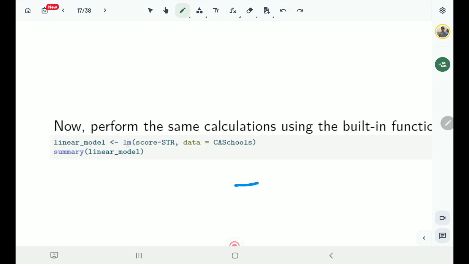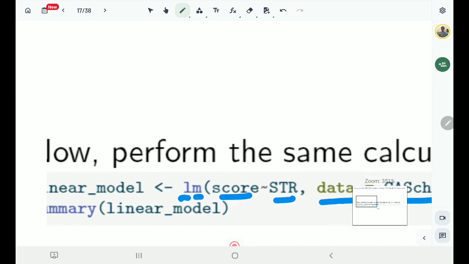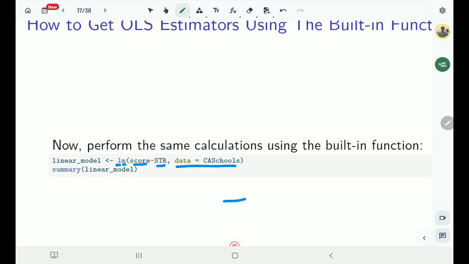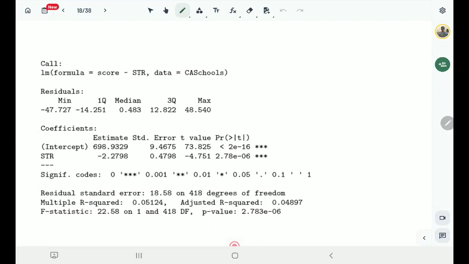LM stands for linear model, then you type score, tilde, STR, and you point to the data container where the score and STR variables are living. Then you use the summary function, which summarizes the linear model, and you get this nice output.